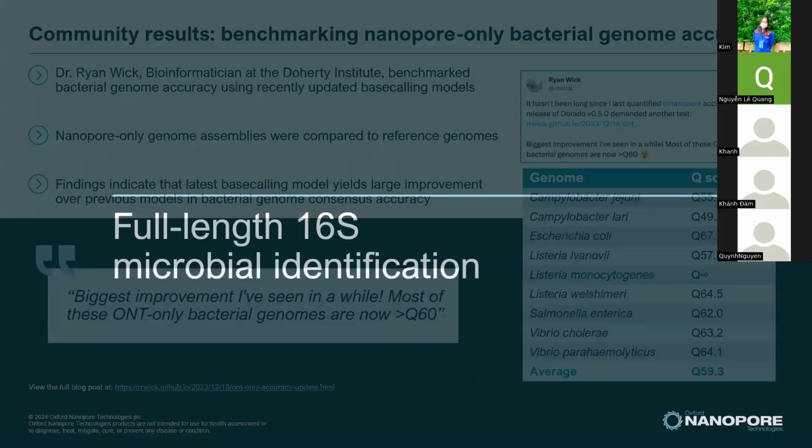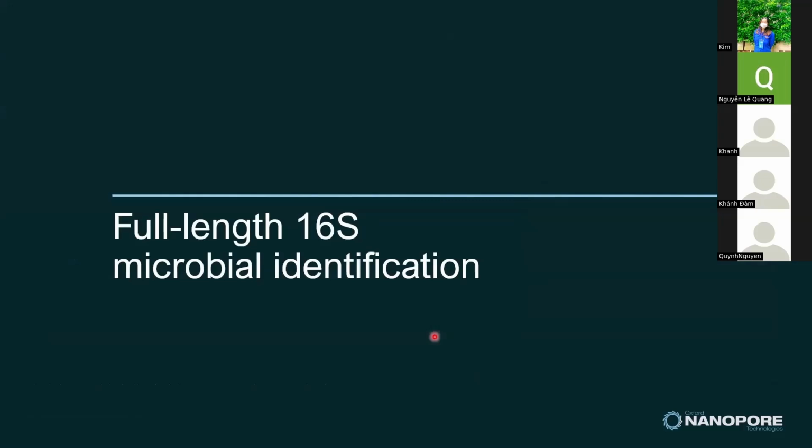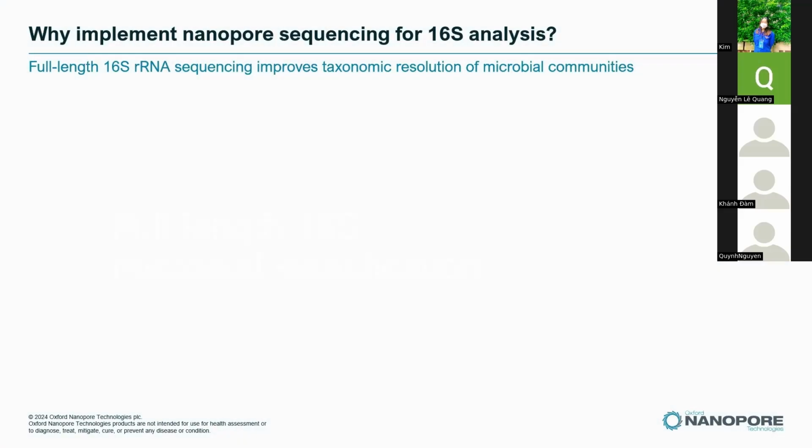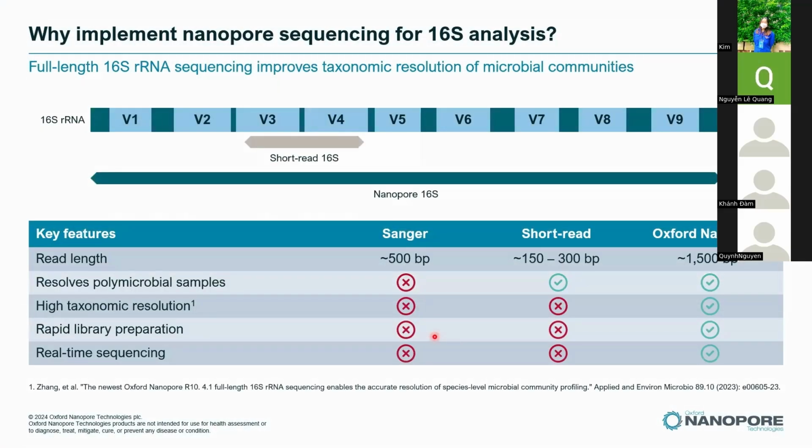So next, let's take a look at the full-length 16S microbial identification, which is one of the most common methods for rapid and cost-effective microbial identification. The 16S gene has 9 hypervariable regions.